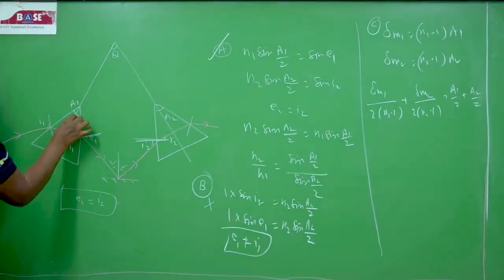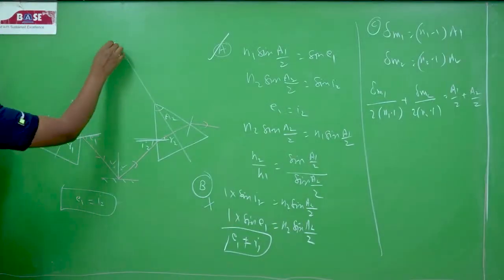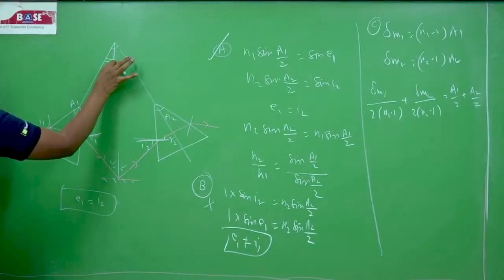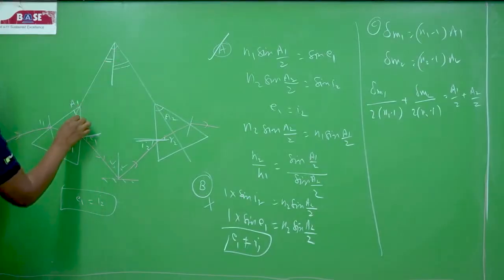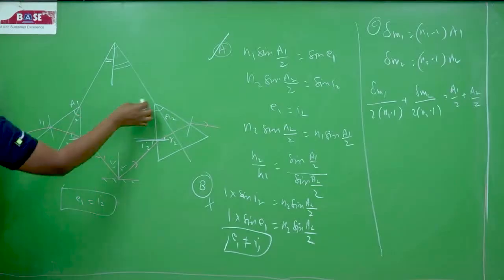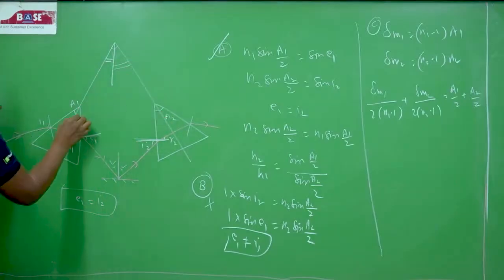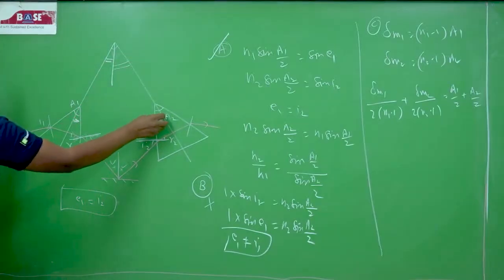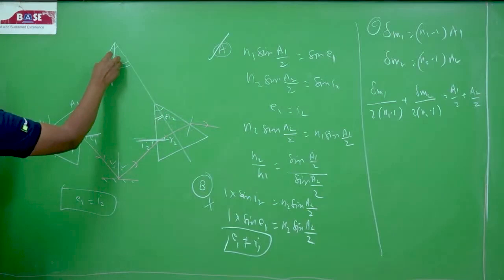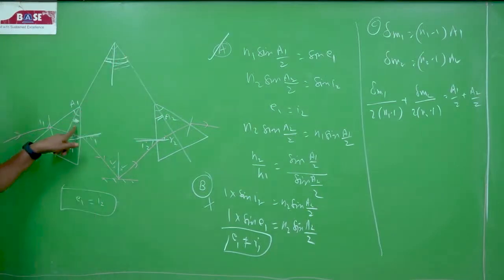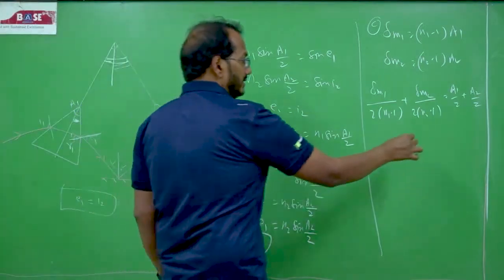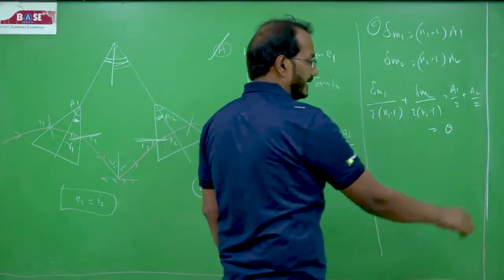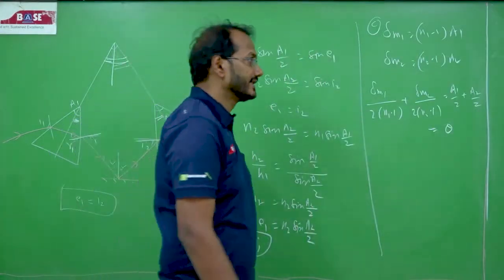In this diagram, suppose this angle is theta 1 and this angle is theta 2. So this angle is equal to this angle, and this angle is equal to this. So it is A1 by 2, it is A2 by 2. The sum of these two angles means A1 by 2 plus A2 by 2 is equal to theta. So answer C is correct.